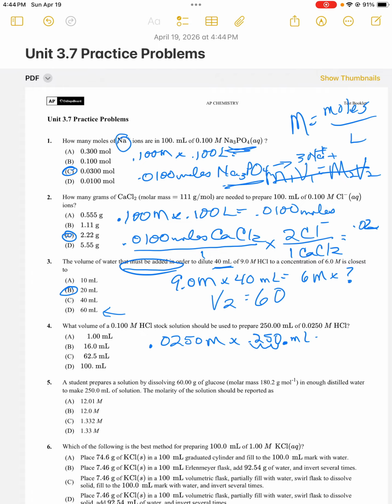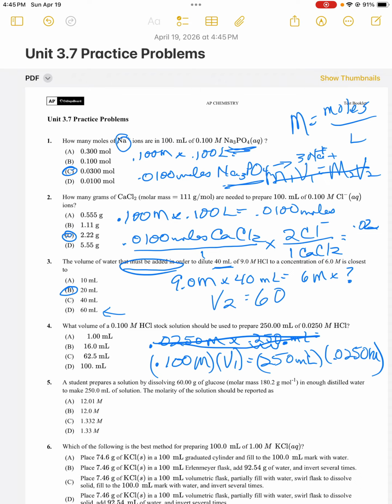Sorry, I'm starting over on this one. M1V1. Okay, my M1 is 0.1 molarity. I need to know what volume of that, V1, do I need to make 250 milliliters of 0.025 molarity.